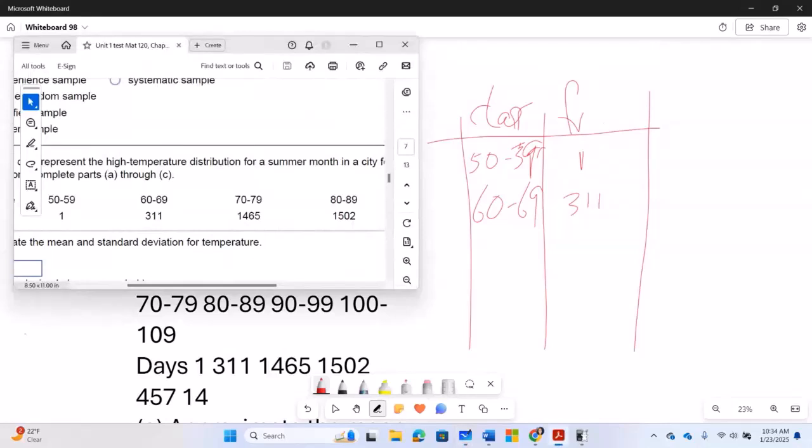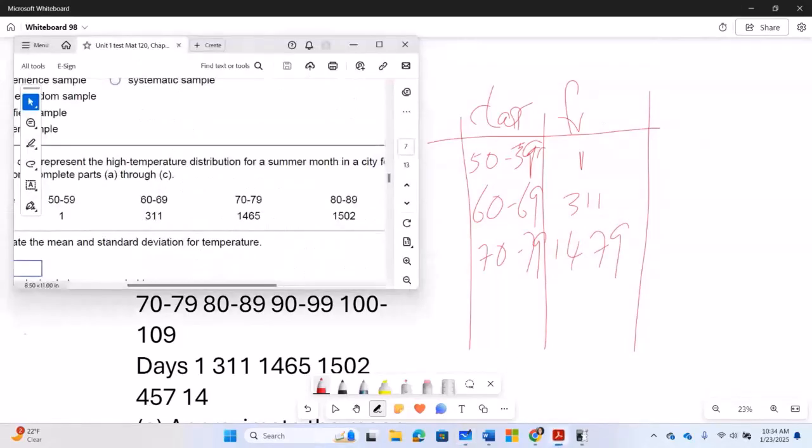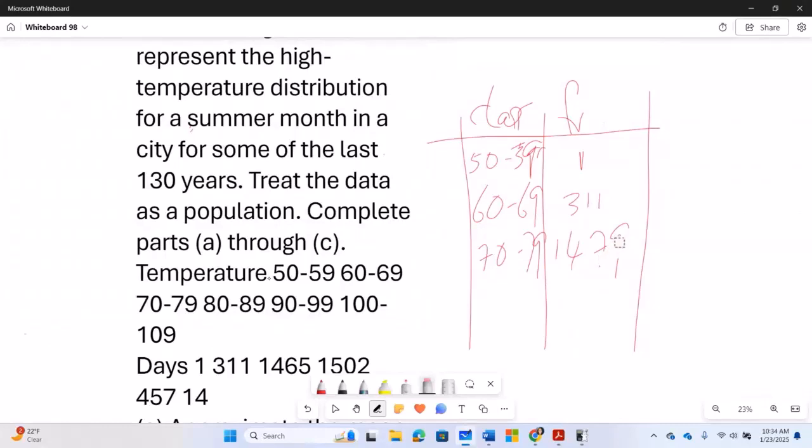For 70 to 79, we actually have 1,465 days.